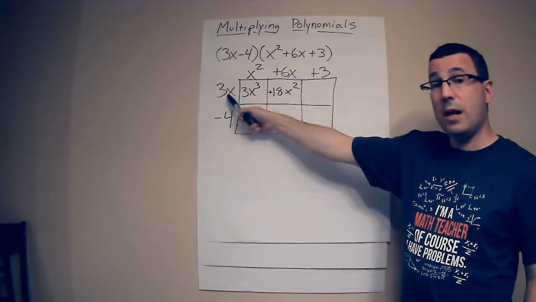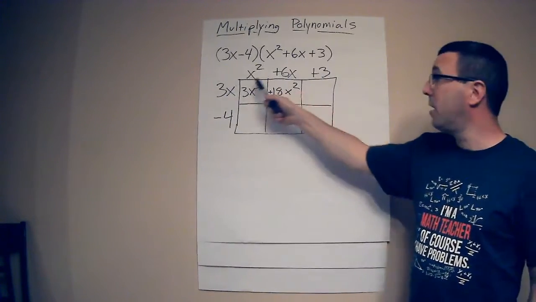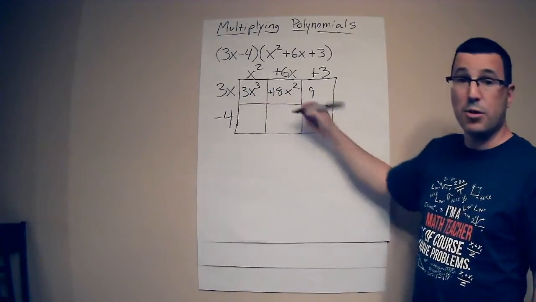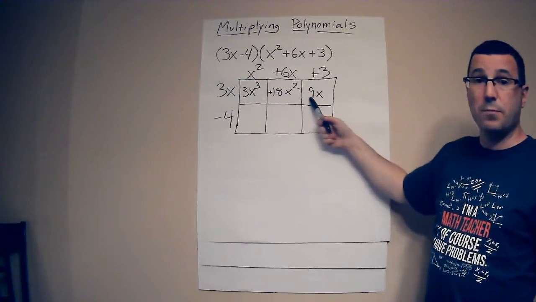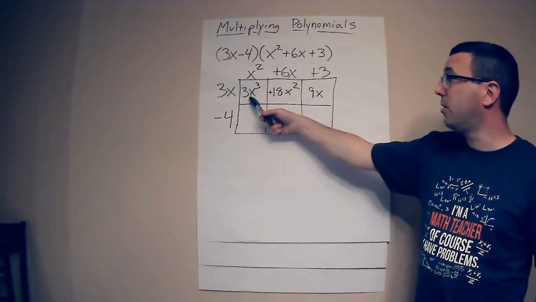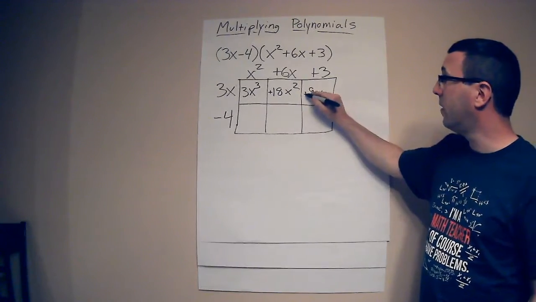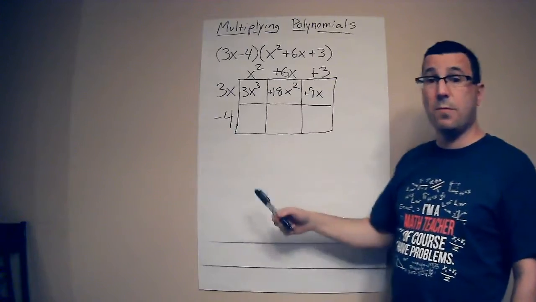And then lastly we have 3x times 3. Multiply the numbers together: 3 times 3 is 9. And then we just have the 1x, so we throw that on there. So across the top of this box we have 3x to the third power, 18x squared, and 9x. So then we move down along the bottom.